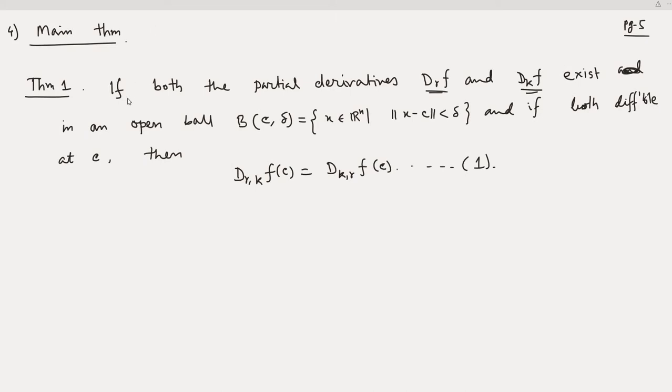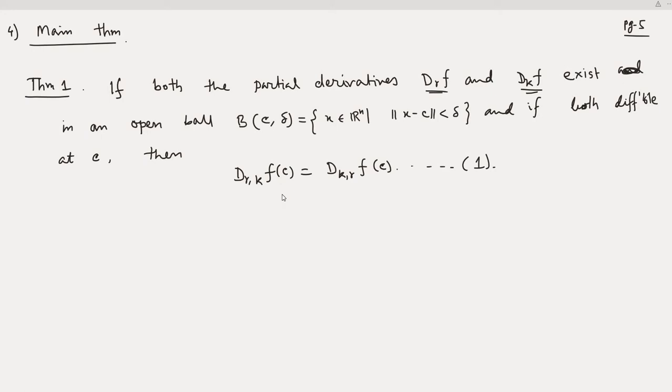It says that if both the partial derivatives, D_r f and D_k f, exist in an open ball B(c, delta), which is equal to the set of all points x belonging to R^n such that the norm of x minus c is strictly less than delta, and if both are differentiable at c, then the two mixed partial derivatives D_{r,k} f at c and D_{k,r} f at c are equal.